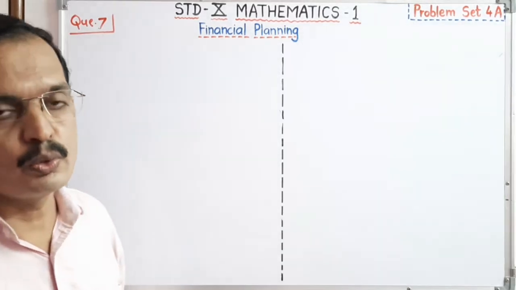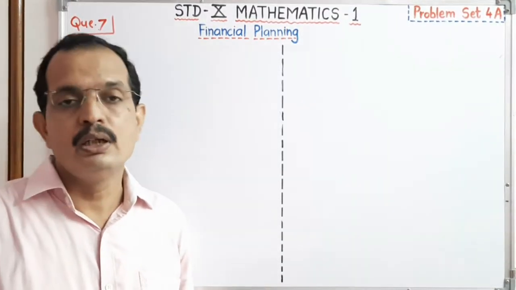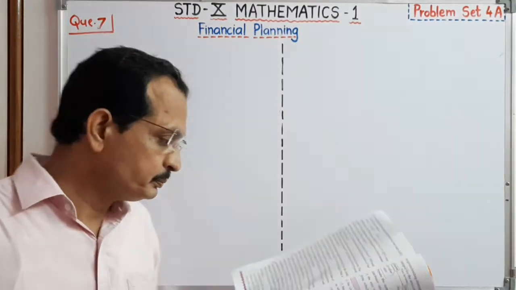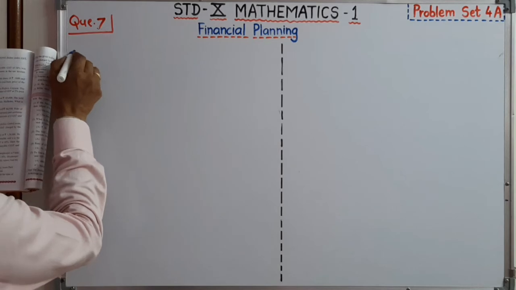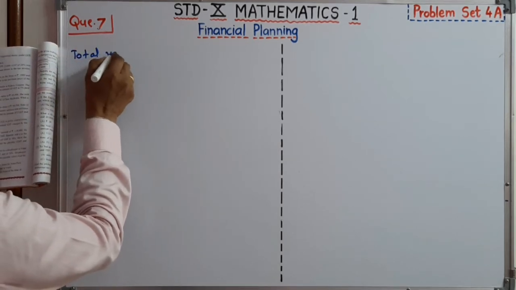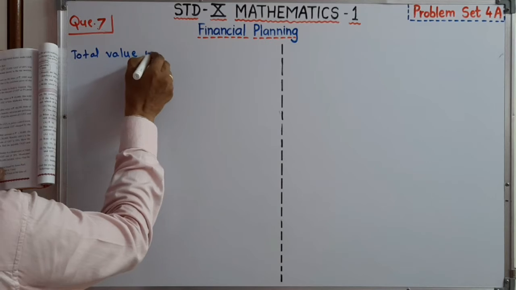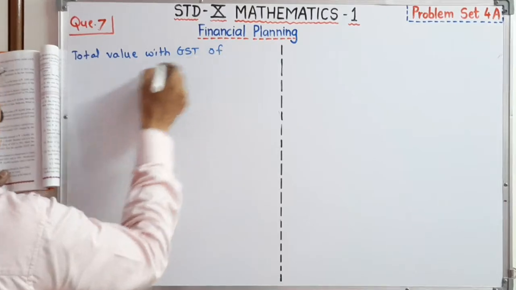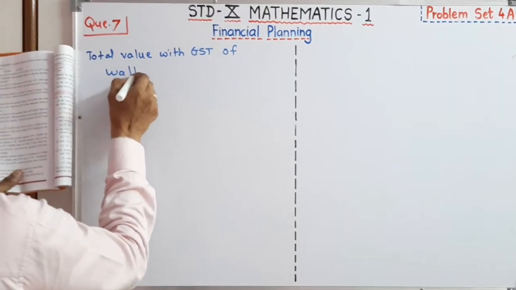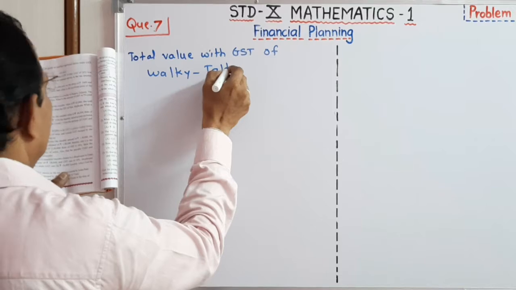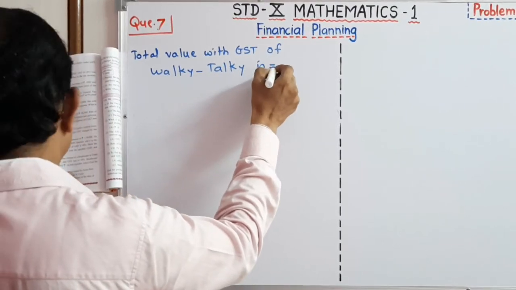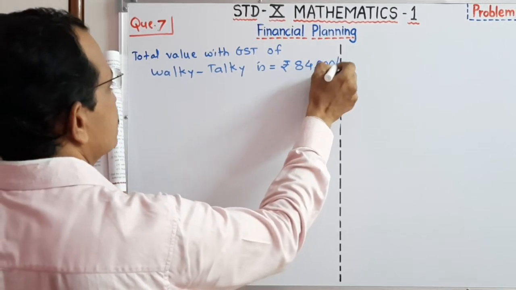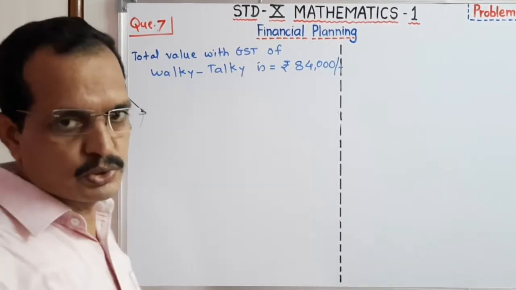First of all, dear student, we have to find out the taxable value, then GST, then CGST and SGST. Now see here, total value with GST is equal to rupees 84,000.